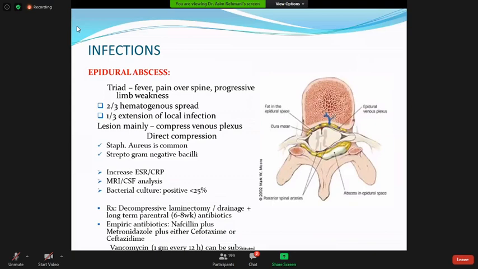The diagnosis is confirmed by radiological imaging like MRI with contrast, and sometimes we have to send bacterial cultures. The treatment is decompressive laminectomy plus drainage of the abscess with prolonged intravenous antibiotics.